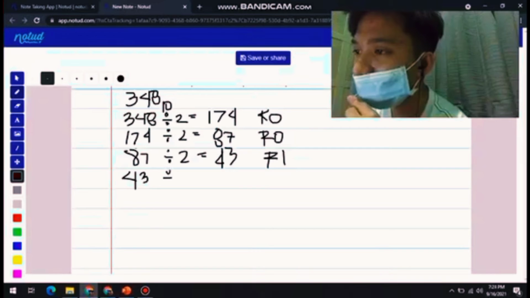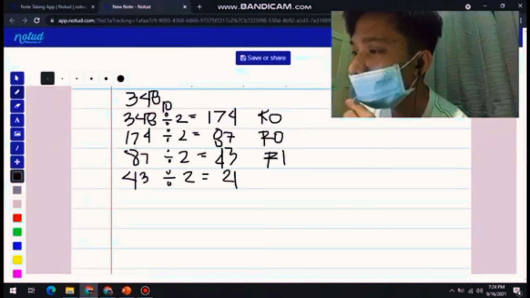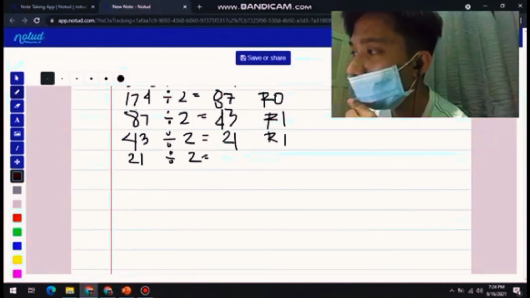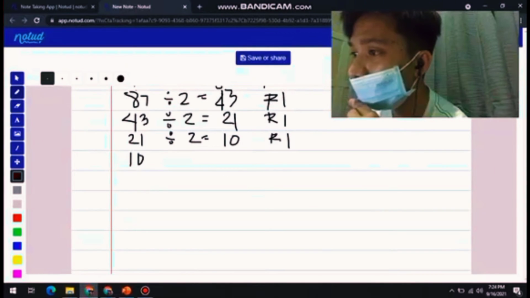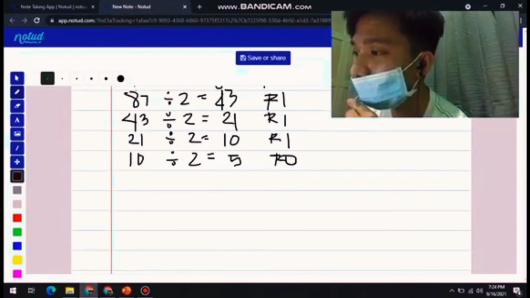Now let's continue to divide this by 2, and we will have the quotient of 21 with a remainder of 1. 21 divided by 2, we will have 10 with a remainder of 1. And 10 divided by 2, we will have the quotient of 5 with no remainder.